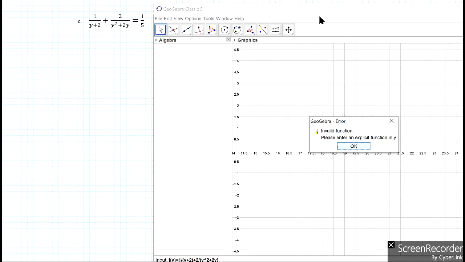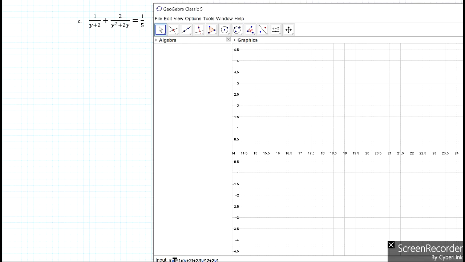I think in GeoGebra it actually has trouble recognizing y as the input over here. So just to make things a little bit simpler, I'm going to use x, because we are in the xy coordinate plane, and by default y is considered as the output in the system. So I'm just going to change all the y to x over here.